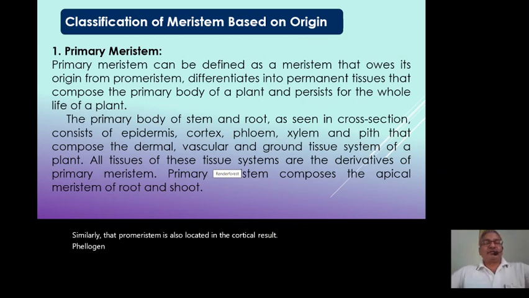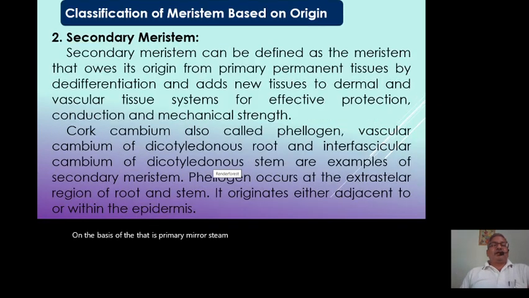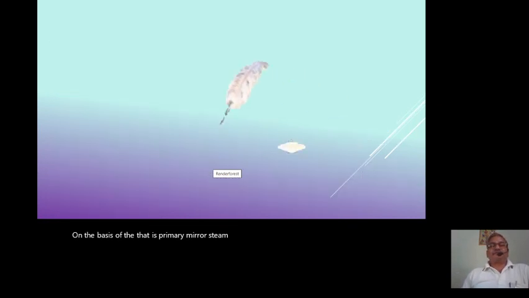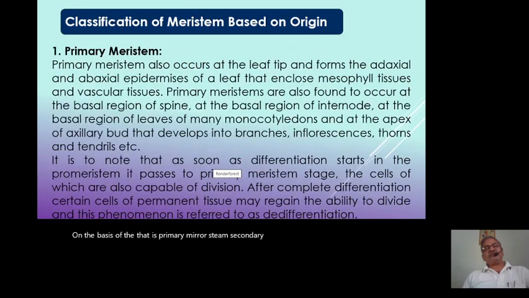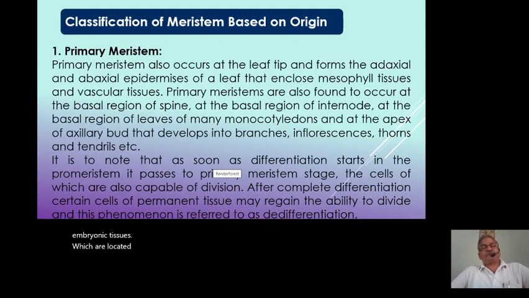On the basis of origin, the meristematic tissues are of two types, that is primary meristem and secondary meristem. Primary meristems are the embryonic tissues which are located in the seed.